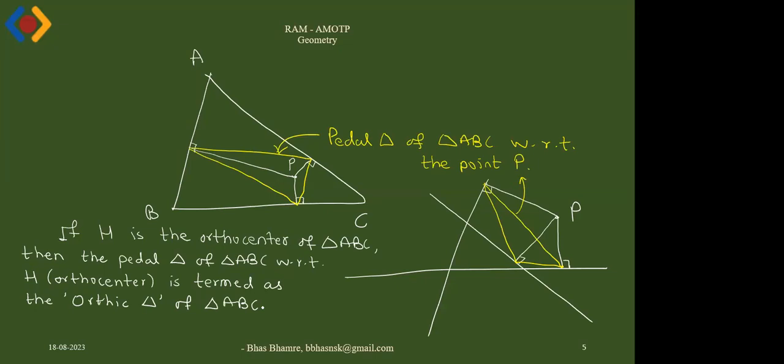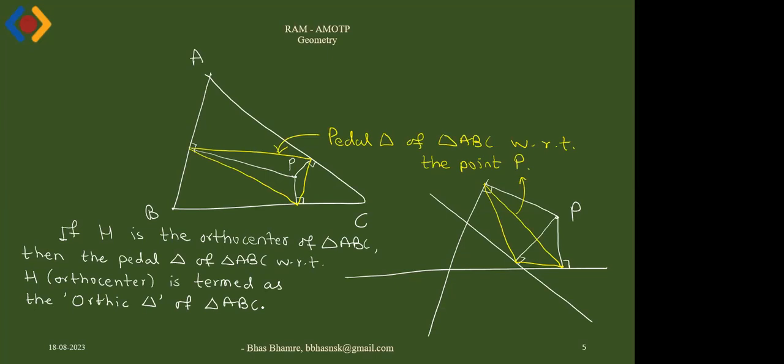So pedal is a general name, orthic is a special case. Okay, so that is our orthic triangle of triangle ABC, if our point P is the special point, that is, the orthocenter.